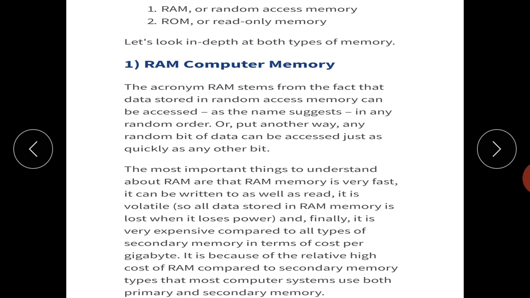The most important thing to understand about RAM is that it is very fast. It is very fast at read and write. It means we can read, take the instructions, and give the instructions very fast. It is very expensive. These days it is in our mobile phones also.